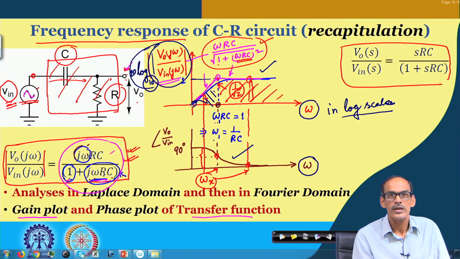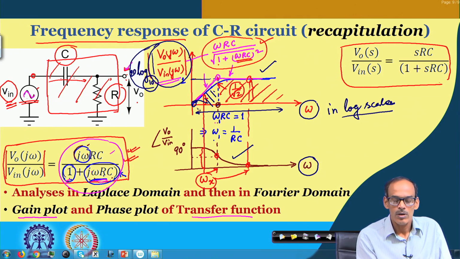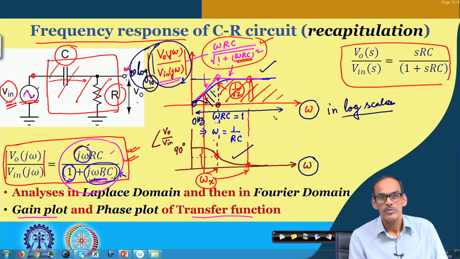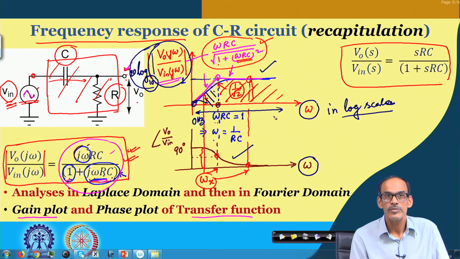This is where the gain is going to be 0, and also along the frequency axis we like to cover a wide range of frequency, all the way from almost 0 hertz to maybe hundreds of megahertz or even gigahertz.